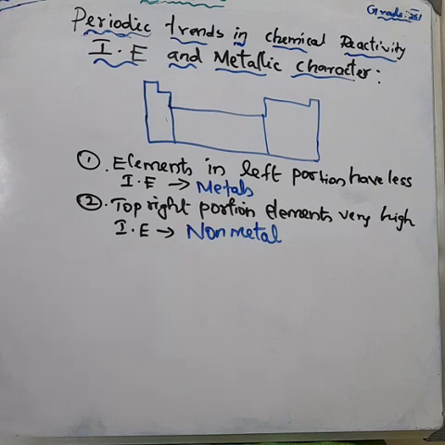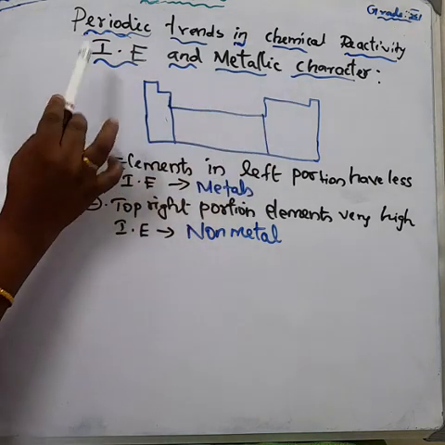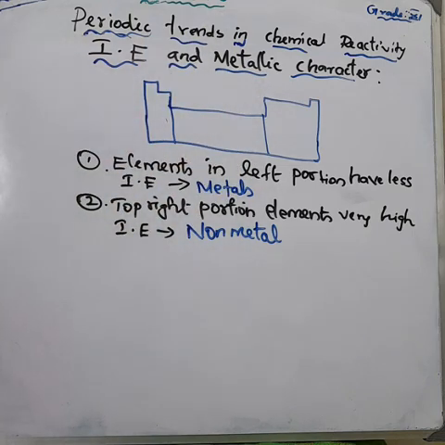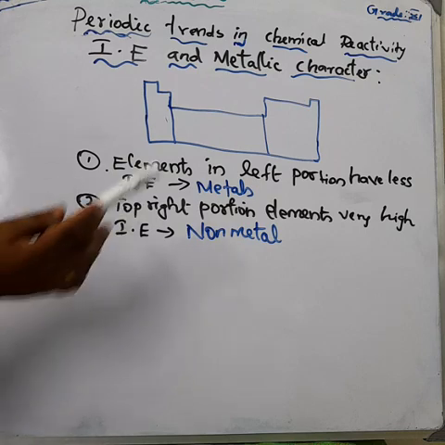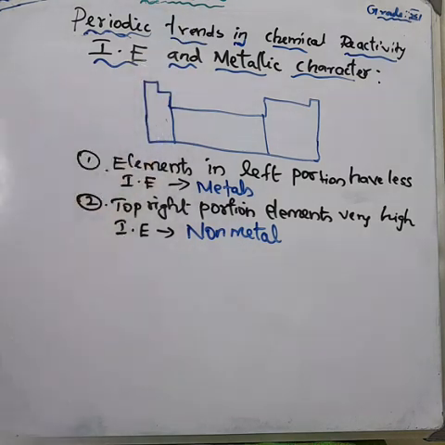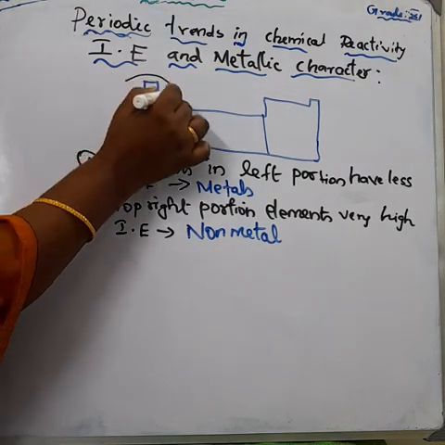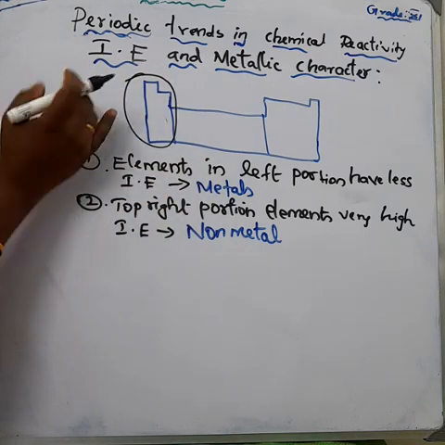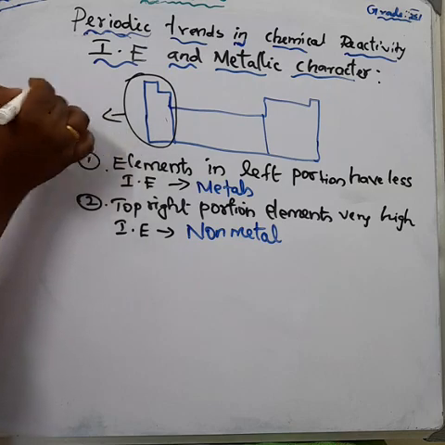Ionization energy is directly related to metallic character. How is ionization energy related to metallic character? For example, the elements present in the lower left portion of the periodic table have less ionization energy.